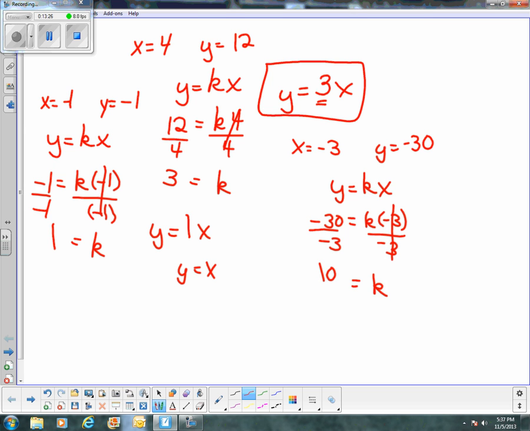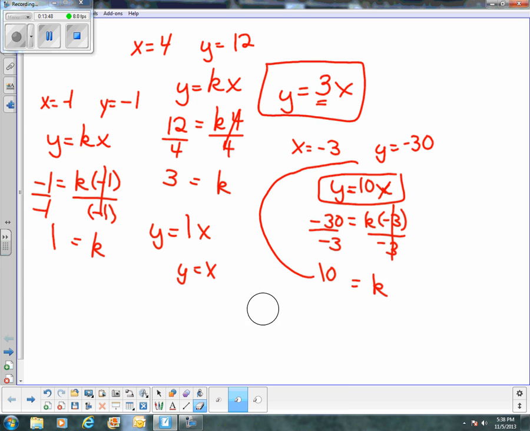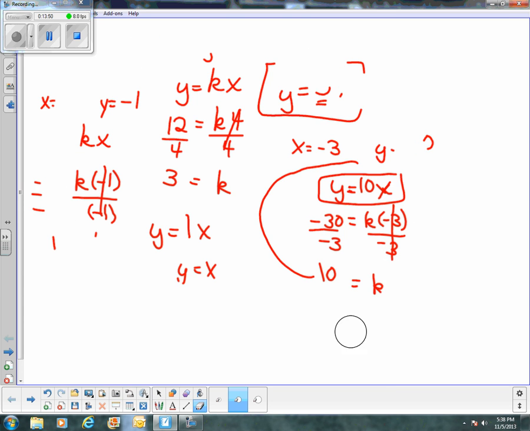Now, we go back to this equation, and we're going to substitute and put 10 where the k is. And there we have our equation. All right. Now everybody, you're going to try the next one.